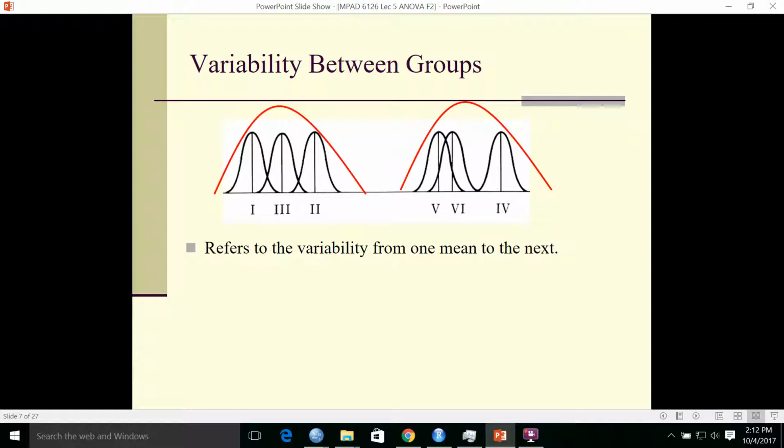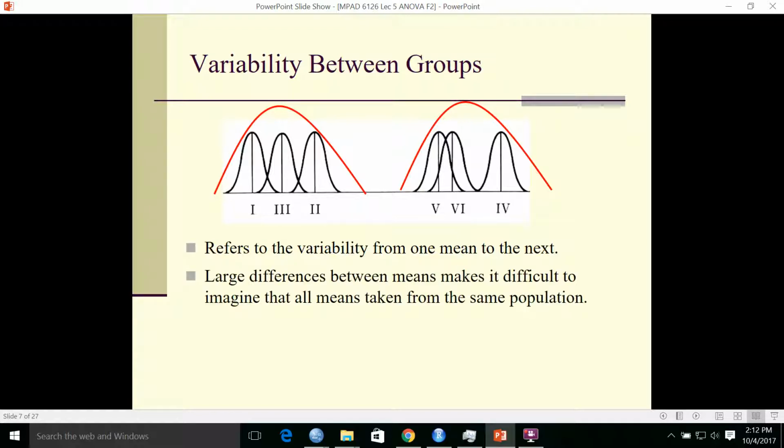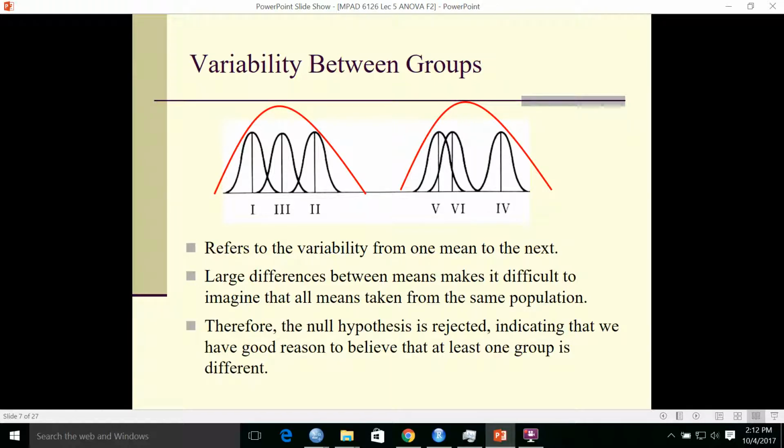And so we can see that these categories likely come from two different populations, or there's something that makes categories 1, 2, and 3 more alike, and categories 4, 5, and 6 more alike. So in this case, we are likely to see a significant F-test.